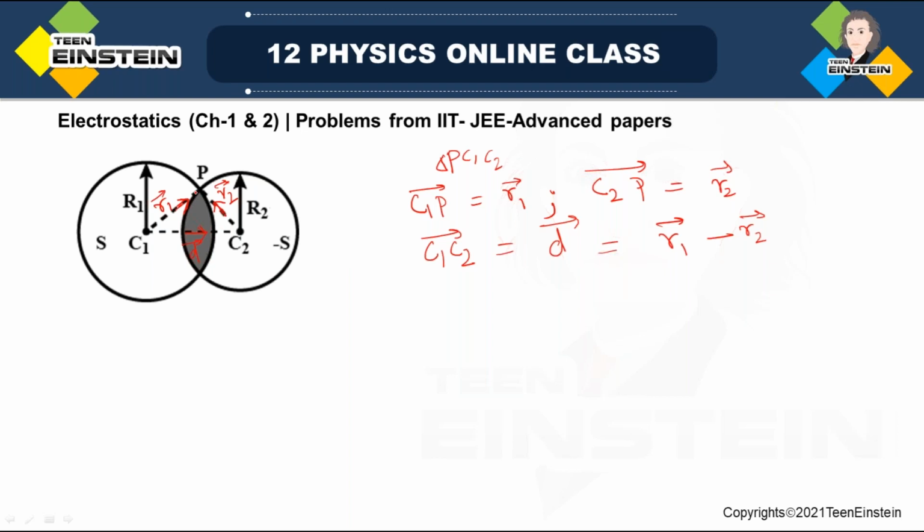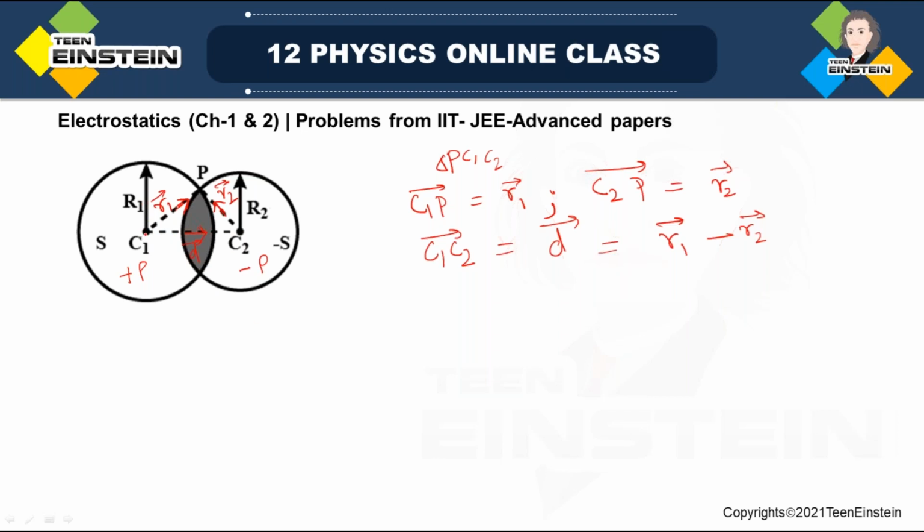Now look, we just want to calculate the electric field at point P due to this positive rho and due to negative rho. Since this is a non-conducting sphere, we can think that the whole charge is concentrated at the points C1 and C2 for both the spheres.